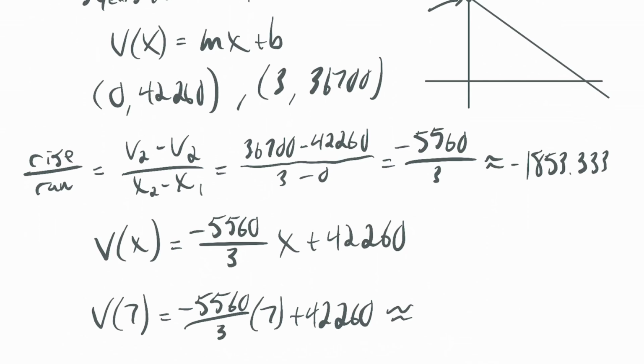I'm looking at 29,286.666 repeating, so 67 if I'm rounding. So after 7 years, it's still worth almost 30,000. Hey, that's pretty good. The article I was reading was pretty optimistic that the R-type would hold value really well.